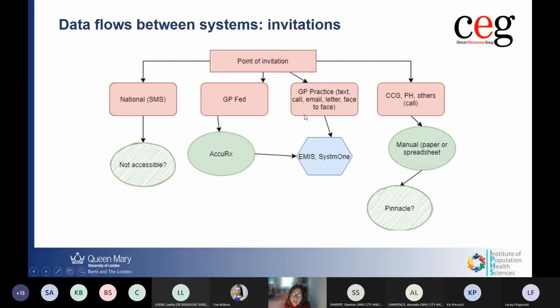But there's been a bit of a delay with things like letters and other phone calls being coded in EMIS. So that's why we've done that cleanup search for you that I showed. And then I don't know so much about this part, whether public health or CCGs or others are calling and how those invitations would go through. But I'm happy to hear from anybody who has any information about that.